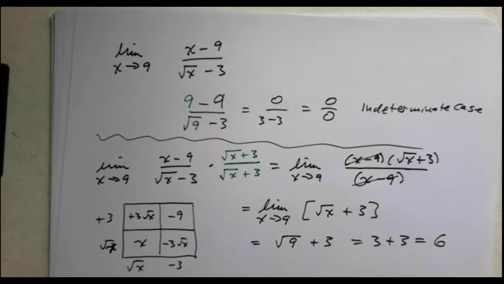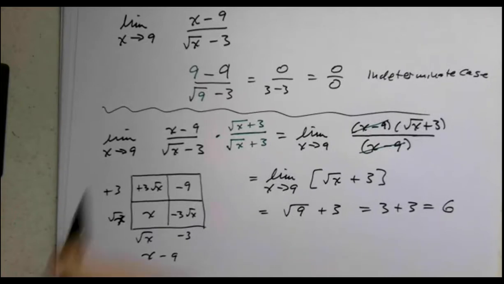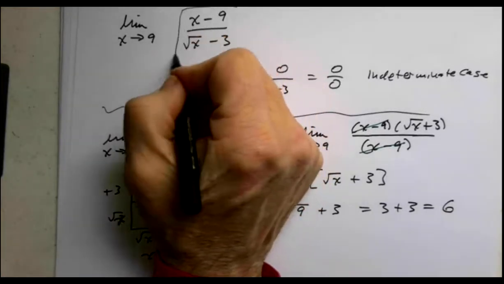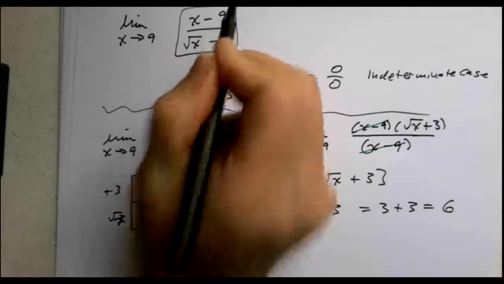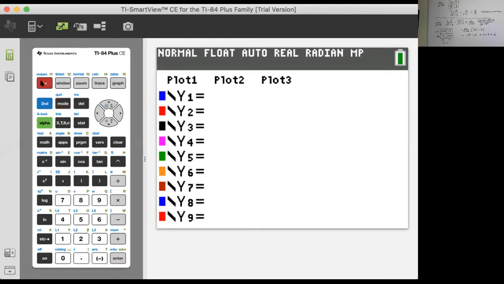Now I'd like to check that somehow. So let me go ahead and check that by plugging this into the graphing calculator. X minus 9 over root x minus 3, and see what happens as I get closer and closer and closer to 9. So I'll pull up the graphing calculator. Y equals, upstairs in parentheses, x minus 9.